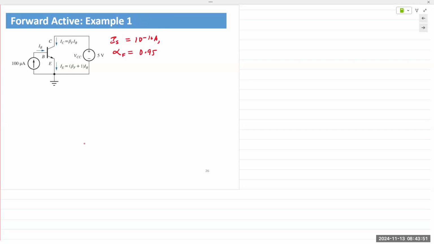And then VCC is given as 5 volts, and the input current is given as 100 microamps. This is, of course, a very simple biasing circuit. We are applying the power supplies directly to the transistor, the BJT, without any current limiting resistors. We are asked to find the currents flowing through the circuit and the voltages present in the circuit.